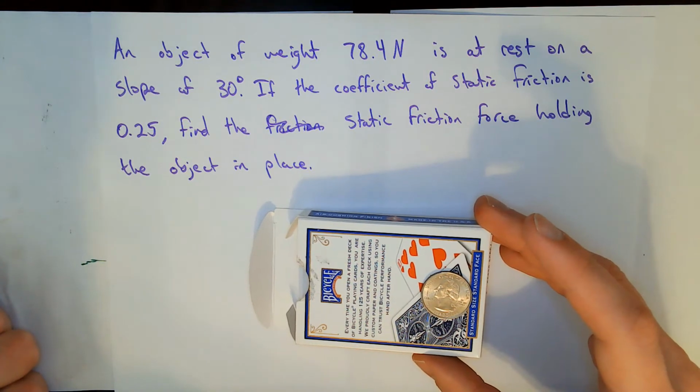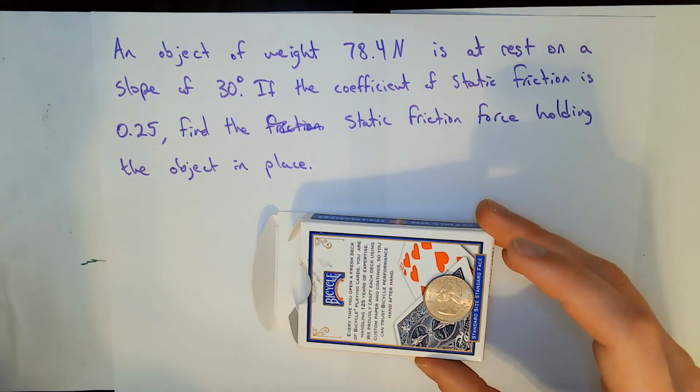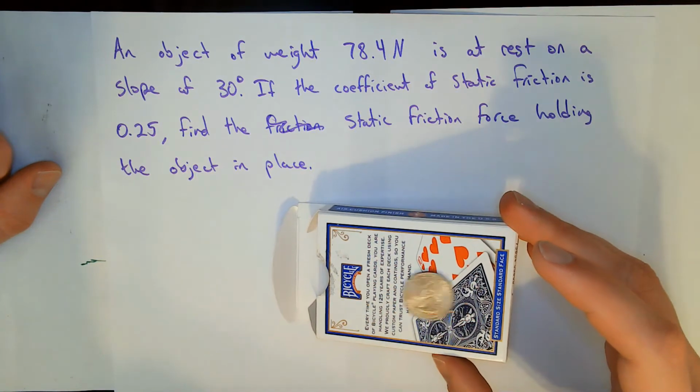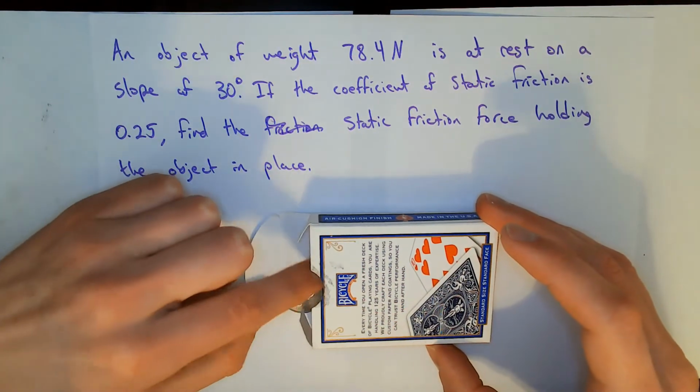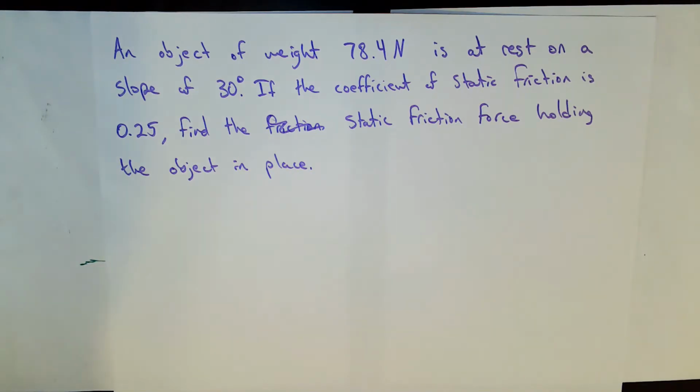How strong is that static friction to be holding an object in place if that's the coefficient of static friction and the slope is 30 degrees. Now, of course, with a higher slope the object's going to slide, but we're not really concerned with that here. We're given a fixed slope. Everything is fixed here. We're just asked to find whatever that static friction force is.